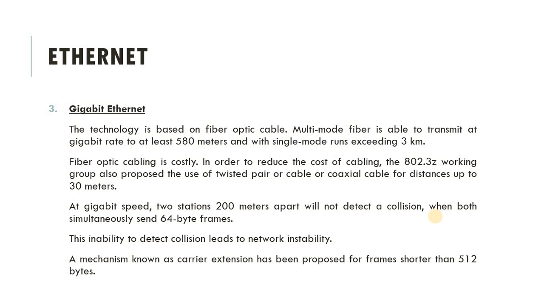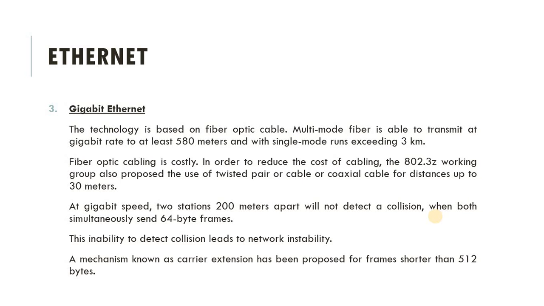In order to reduce the cost of cabling, the 802.3z working group also proposed the use of twisted pair or coaxial cable for distances up to 30 meters. At giga speed, two stations 200 meters apart will not detect collisions when both simultaneously send 64-byte frames.